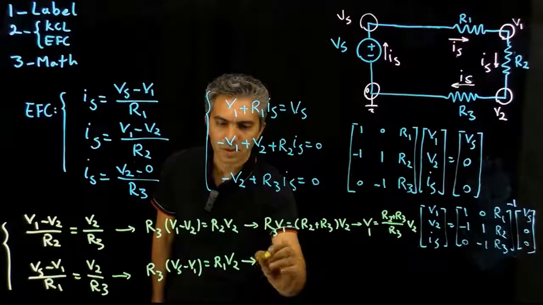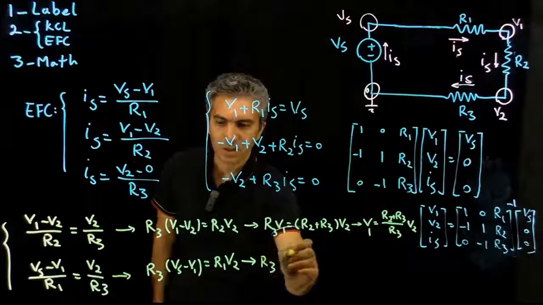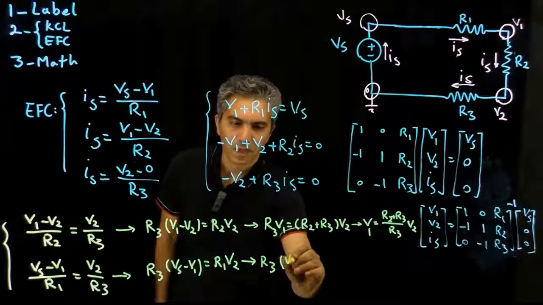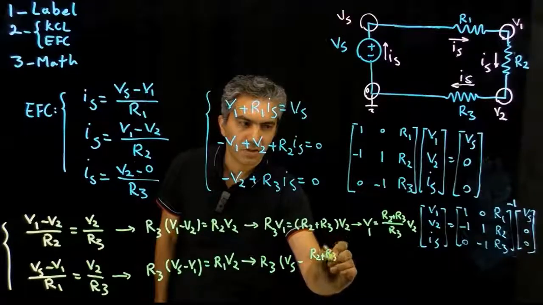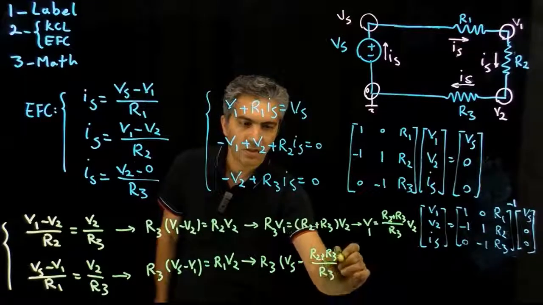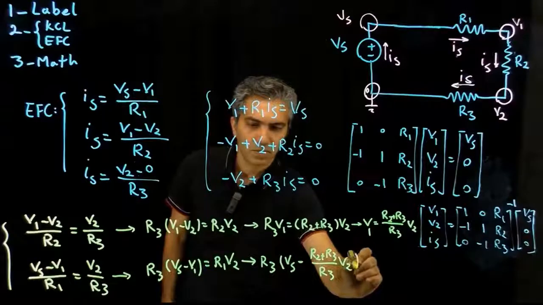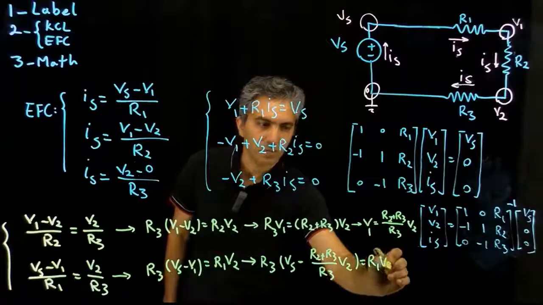So in other words, now I have R3 times VS minus (R2 plus R3) over R3 times V2 is equal to R1 V2.